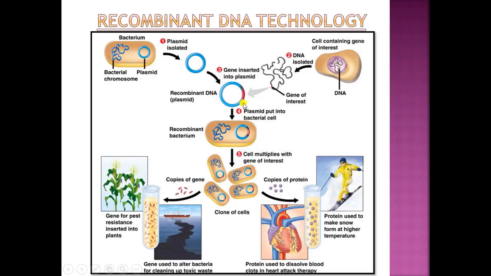Then this vector carrying our gene of interest is introduced into the host cell. We allow this host cell to multiply in a culture, and at the end we get multiple copies of that gene, or if the gene is expressed, we get multiple copies of that protein. So this is the basic process of recombinant DNA technology. Now we are going to learn each and every step in detail.